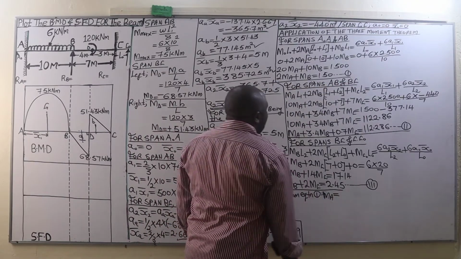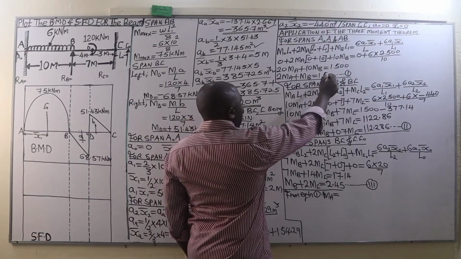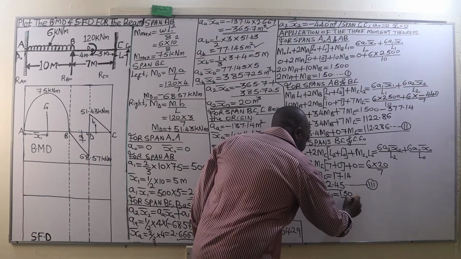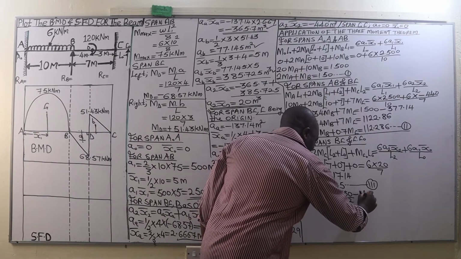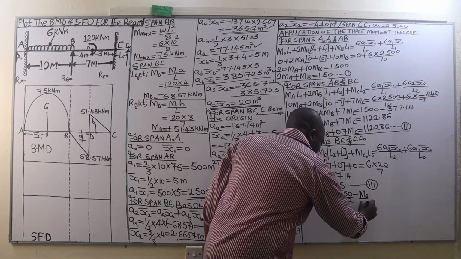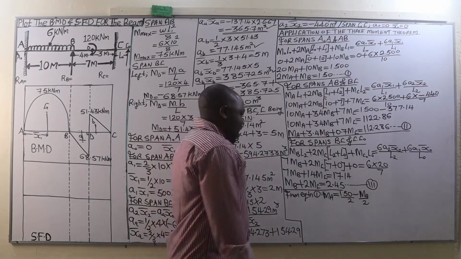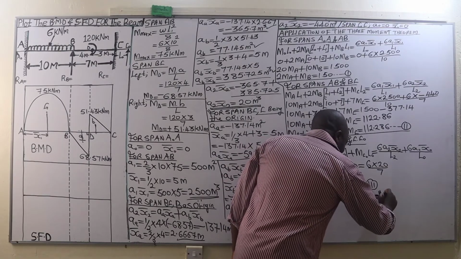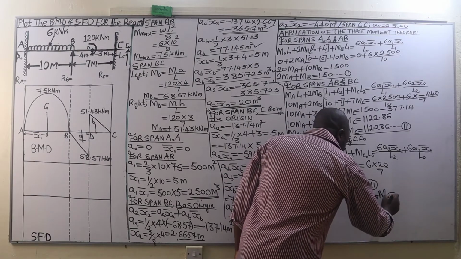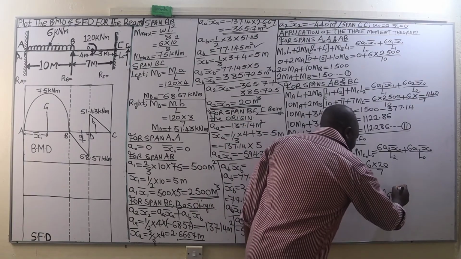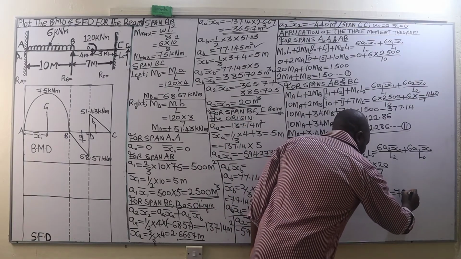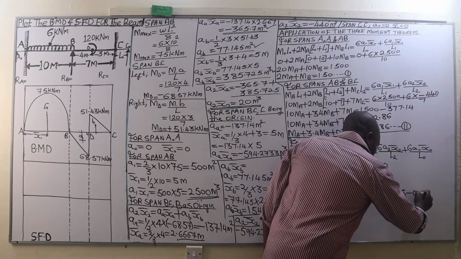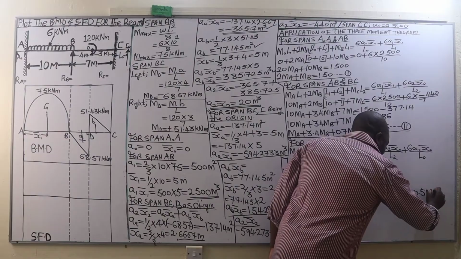MA will be given by 150 divided by 2 minus MB divided by 2. And this is going to give us the value of MA being equal to 150 divided by 2, that is 75, minus MB divided by 2, that is 0.5 MB.